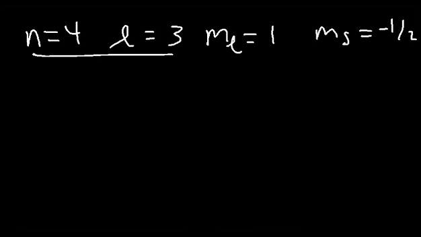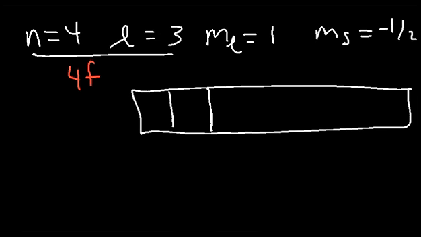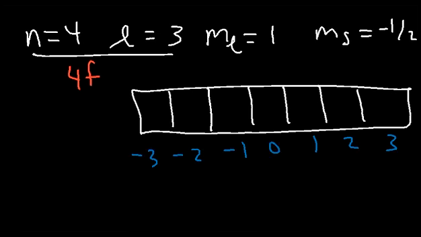So for 4 and 3, we have the 4f sublevel, and we know f has 7 orbitals, which will vary between -3 and +3. So the electron of interest is in this orbital, and the spin tells us that it's the one that has the down arrow, and there's only 1 electron that fits this criteria.